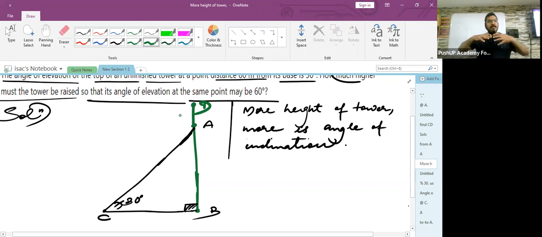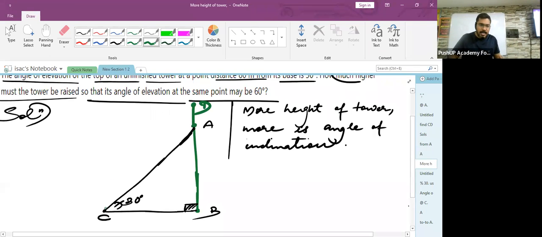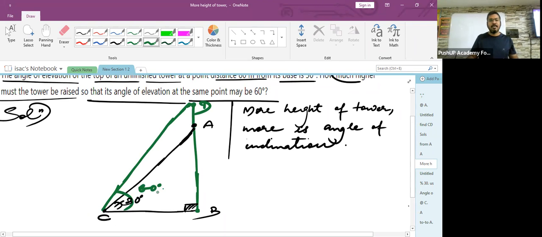Imagine, children, I will increase the height of the building to point D, so that the angle of inclination increases from 30 degrees to 60 degrees. Is this part clear?